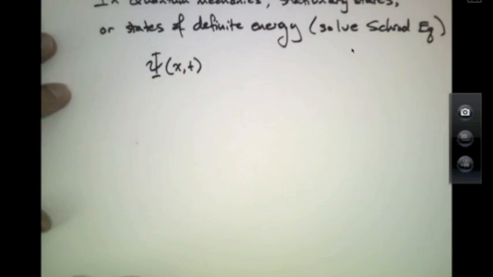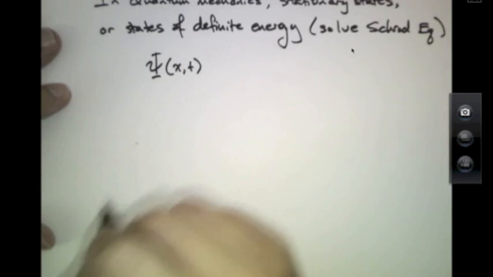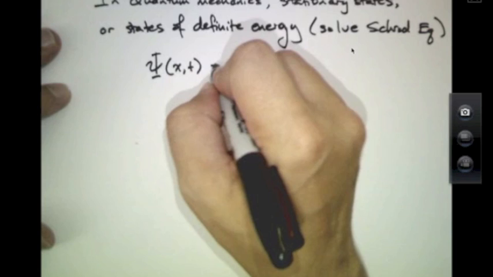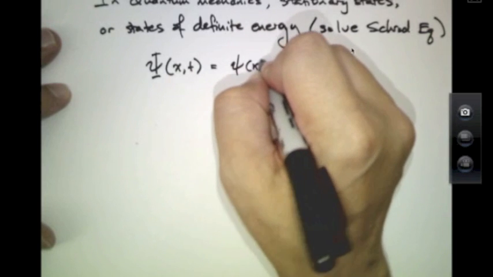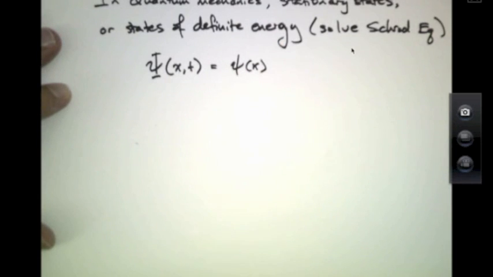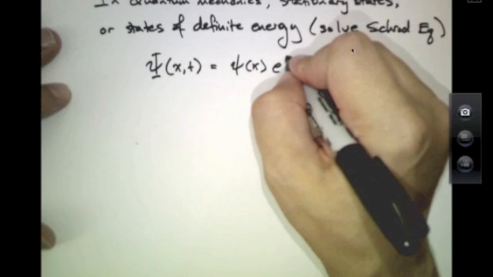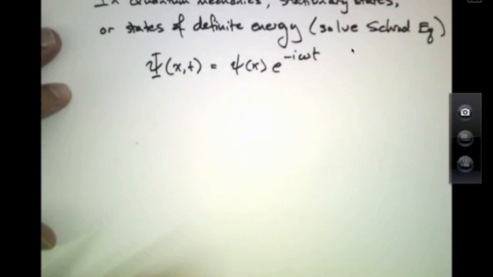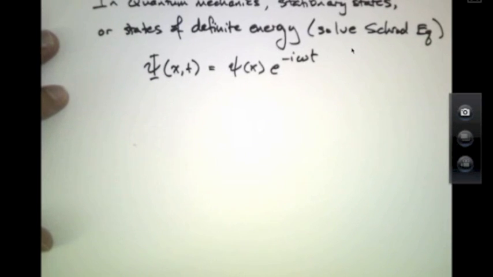If capital psi of x and t represents the matter wave for this particle in both position and time, it will decompose into a function little psi of x times e to the minus i omega t. And this creates the analog of a standing wave.